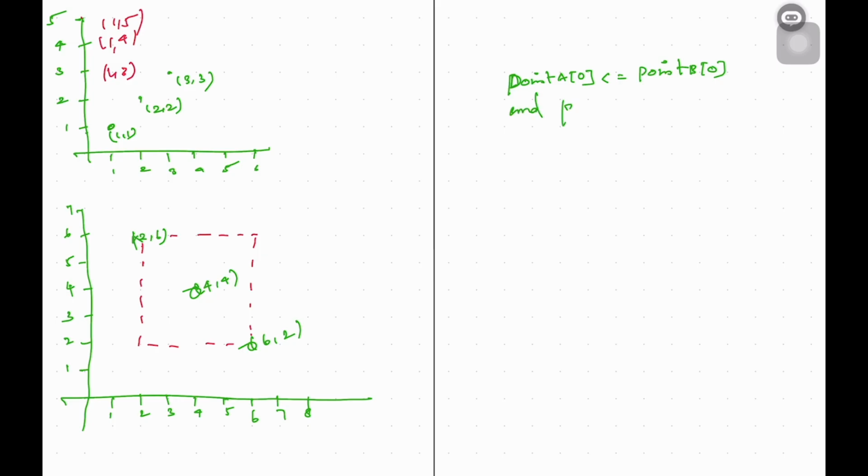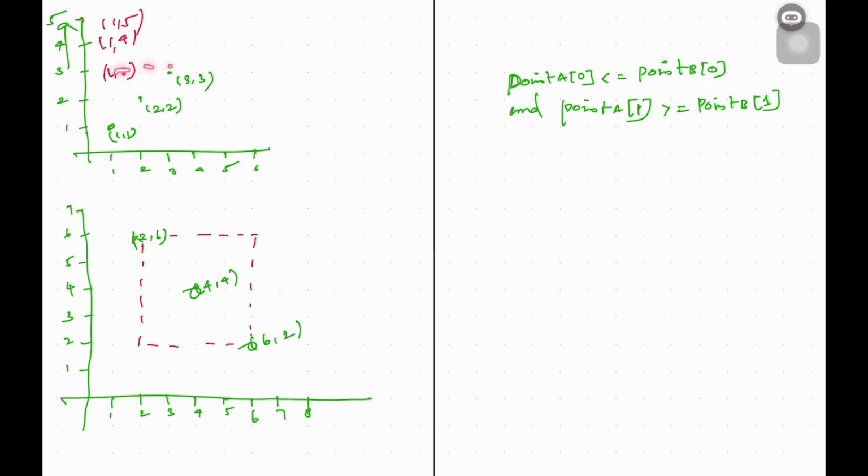Point A of 1, as we discussed, should get increased, so it is greater than or equal to point B of 1. So we know this point is on the upper left of this point. The same way we can do the rest.